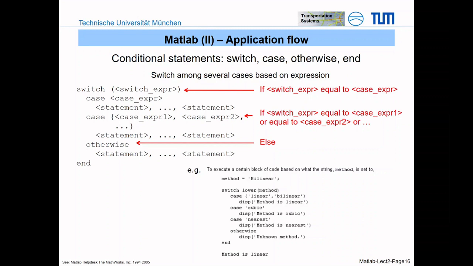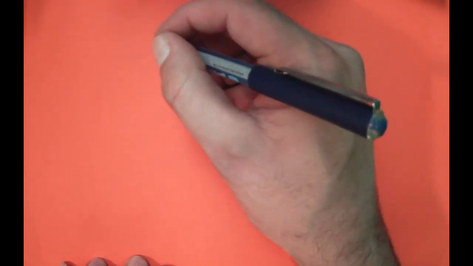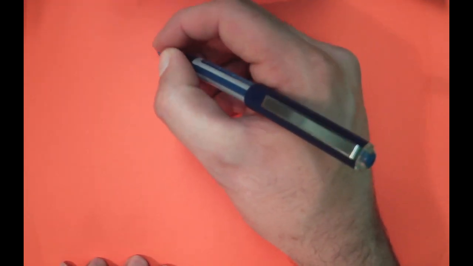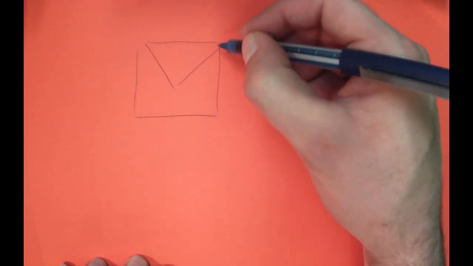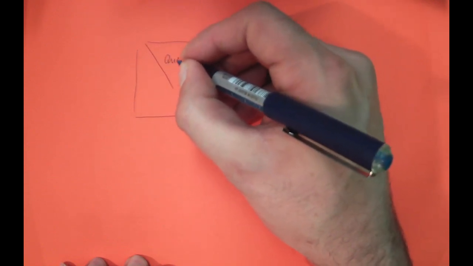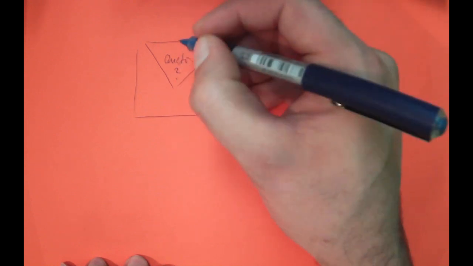So if I switch to my external camera, a switch case or an if statement is something like this, that you have a question. So this is the condition.